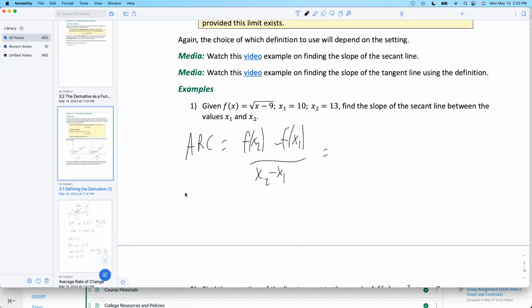So I need to find both of those y values. F of 13 would be square root of 4, that's 2. F of 10 would be square root of 1, that's 1. So change in y, 2 minus 1, over change in x. I got to make sure I get these matched up. That y value went with that x value.